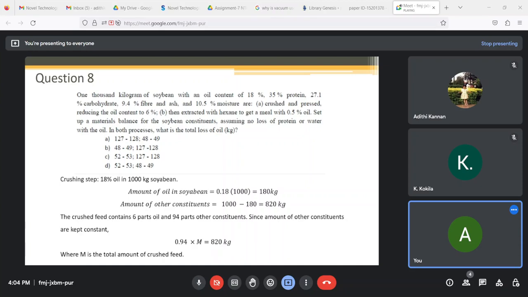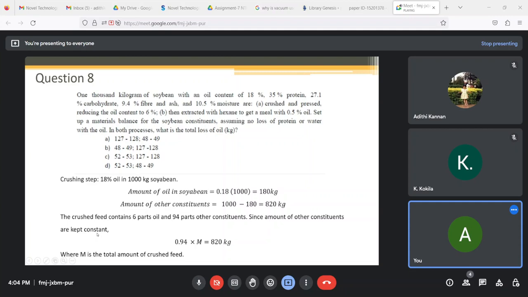After it is crushed and pressed, your oil content is reduced to 6%, which means you have 6 parts of oil and 94 parts of other components. Since the other constituents are constant, they will always be equal to 820 kgs. Since you have 94 parts of the other constituents, 0.94 into m, which we do not know yet, will always be equal to 820 kgs.